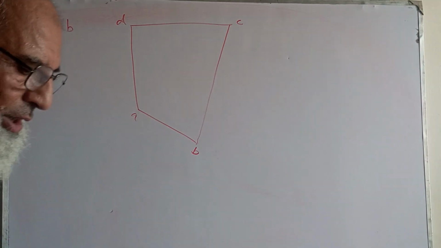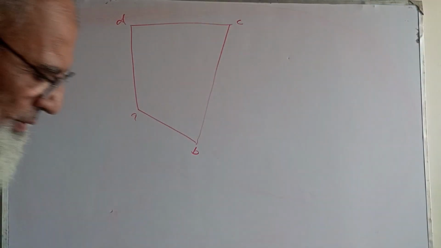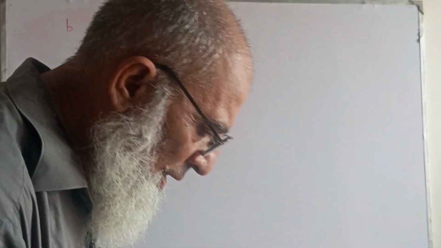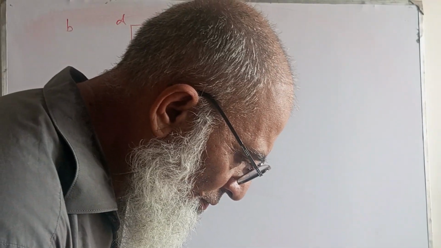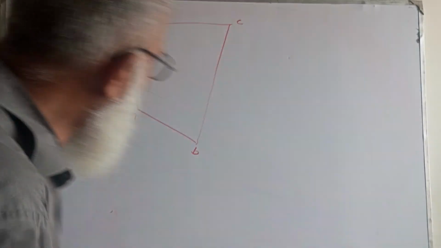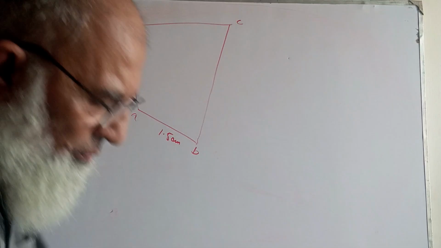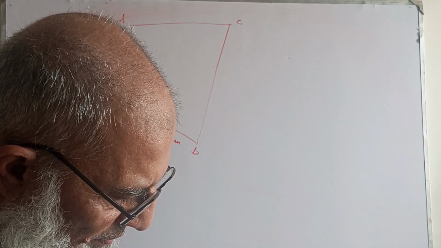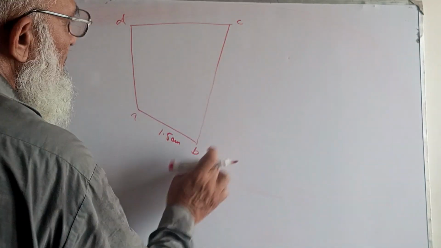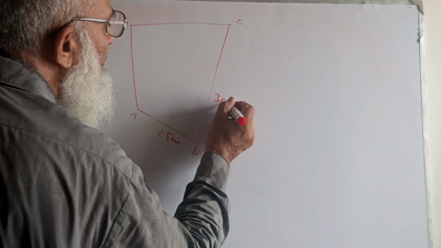So in your book, specifically, AB is 1.5 centimeter. Now this is 1.5 centimeter. BC is 3 centimeter.